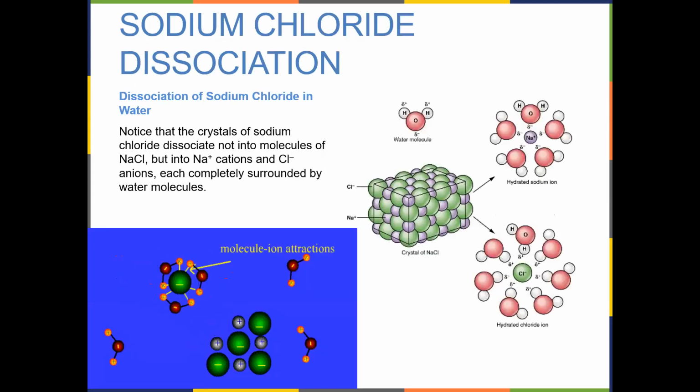And this is why electrolytes are great, because they go into solution so easily. Here we see what's happening with sodium chloride. Salt goes into solution very easily because the water molecules break it apart. The hydrogen ends are going to grab the negative chlorines, and the negative oxygen ends of the water molecule are going to grab the positive sodiums, and the sodium chloride will go into solution very easily.